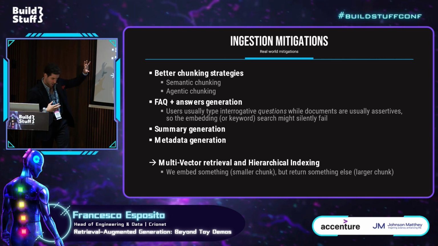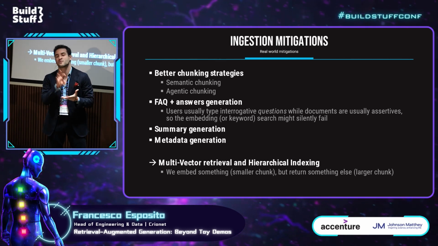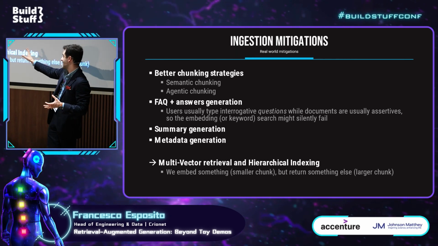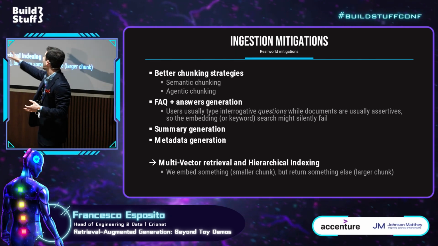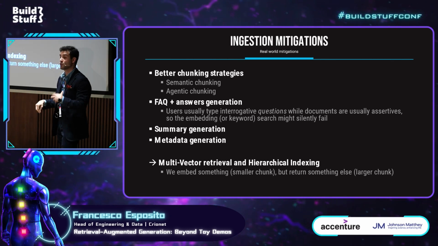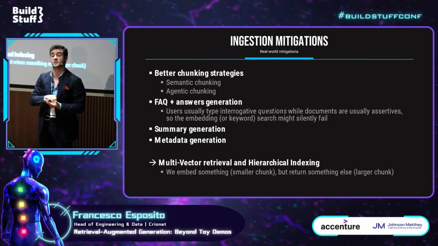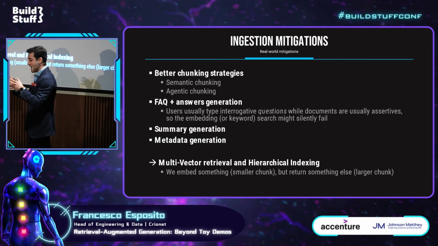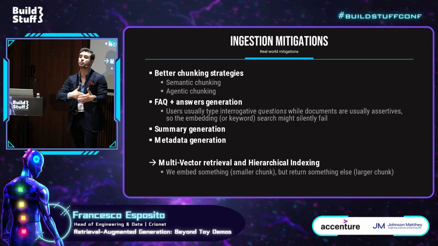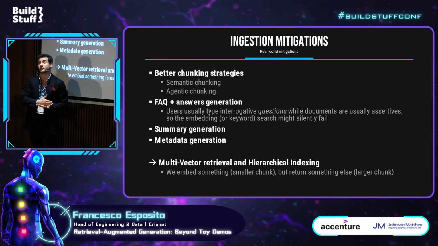And agentic chunking and contextual chunking is definitely an advanced technique, but even simpler approaches can work very well, like FAQ, so frequently asked question generation on the knowledge base. Why? Because usually documents are written in an assertive way. They have an assertive form. But questions, user interaction usually comes in an interrogative form.